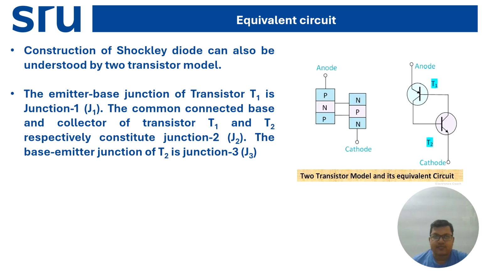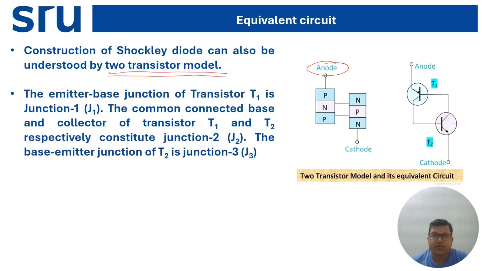How does this happen? The construction of the Shockley diode can also be understood by the two transistor model. We'll try to understand this now. The two transistor model is very important.